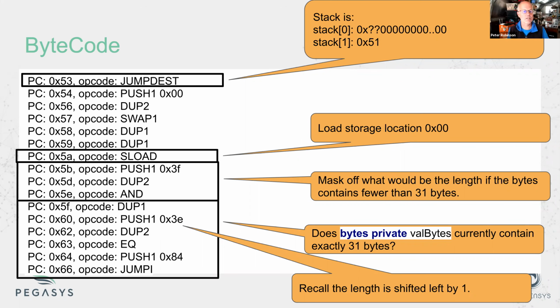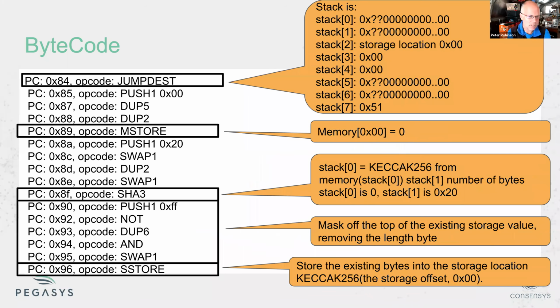If it is, we jump here and the stack looks like that. Then we set up the memory location to be 0, mstore the memory 0 to be 0.